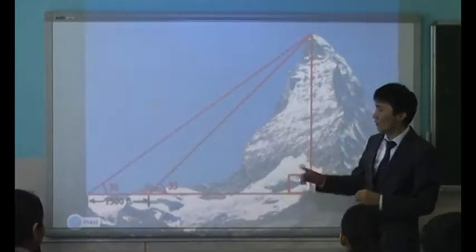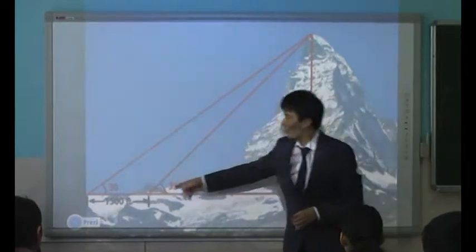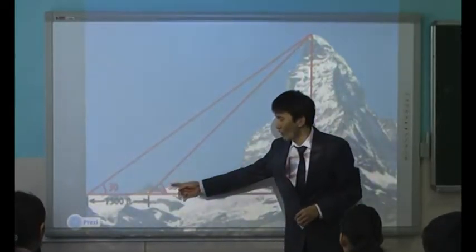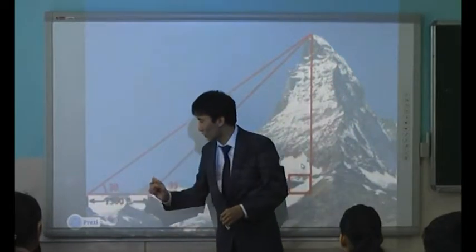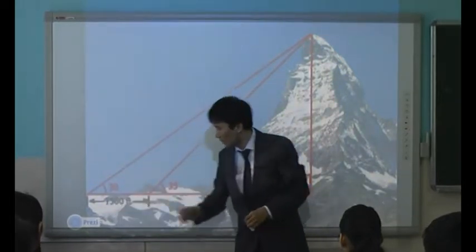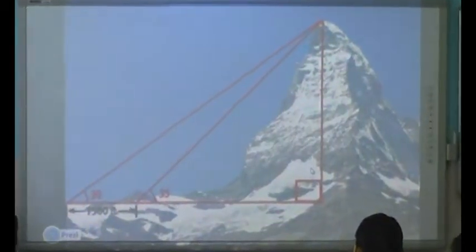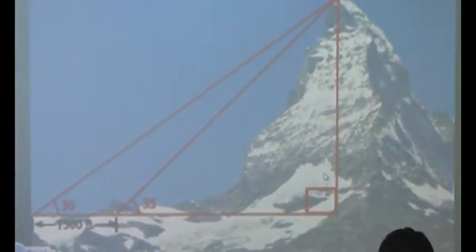At two points we measure the angle of elevation. At this point it is 35 degrees, at this point it is 30 degrees. The distance between these two points is 1,500 feet. Is it possible to find the height? Yes. Okay, let's try.